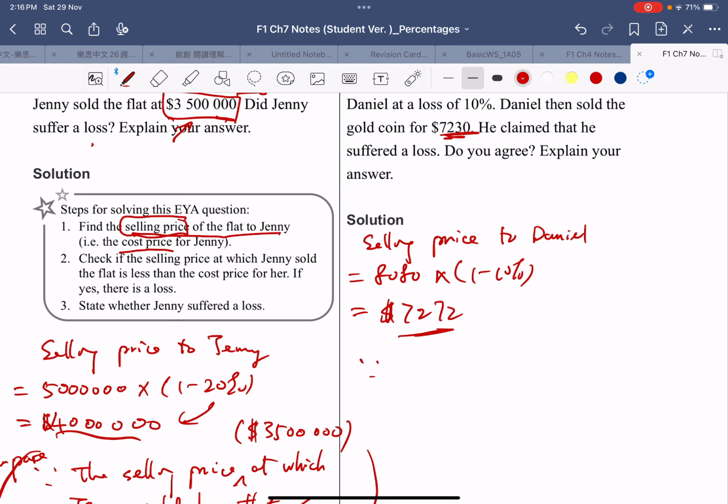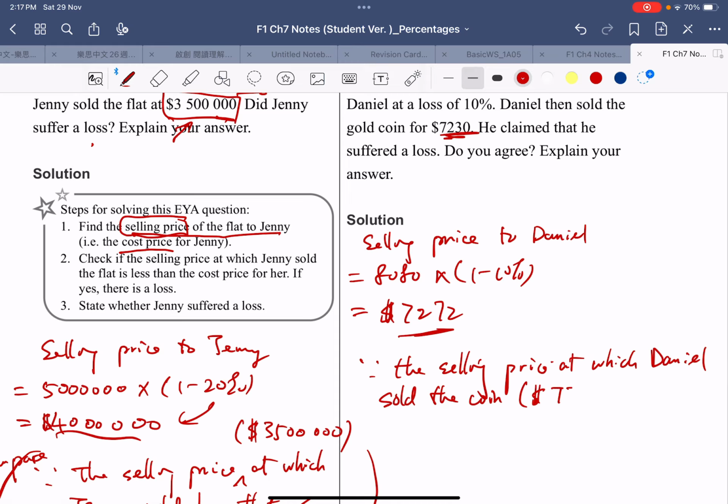You can write down the comparison as a statement. Since the selling price at which Daniel sold the corn, that's the amount less than the cost.